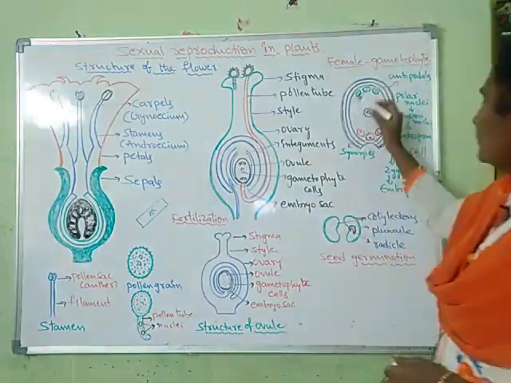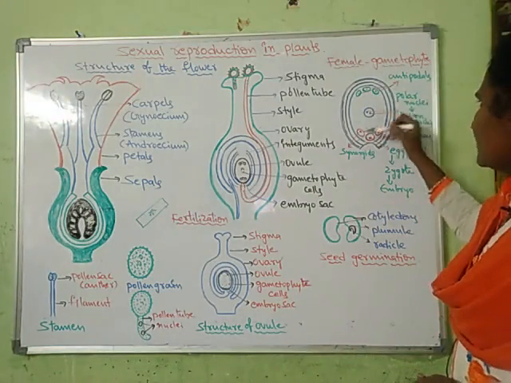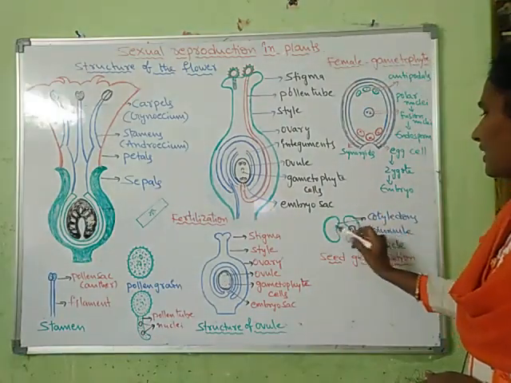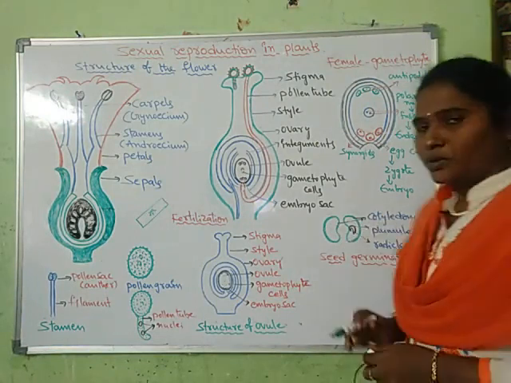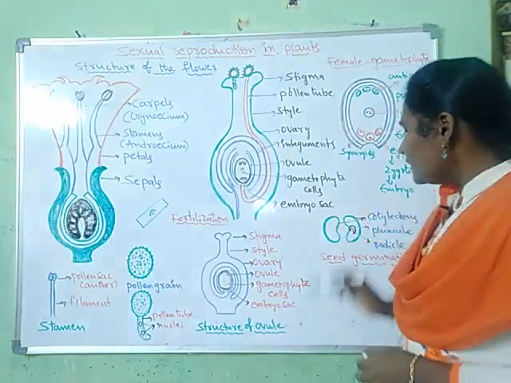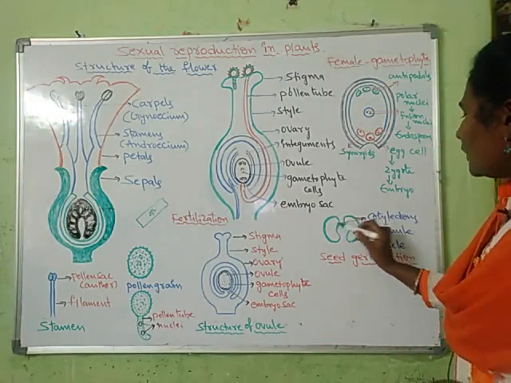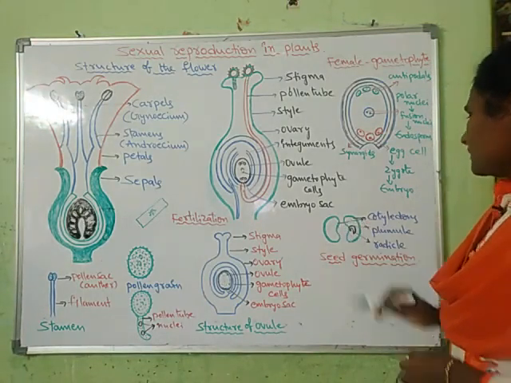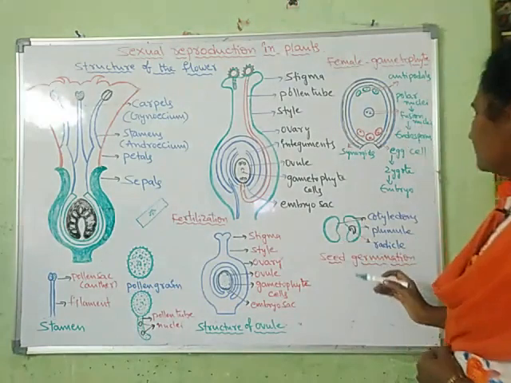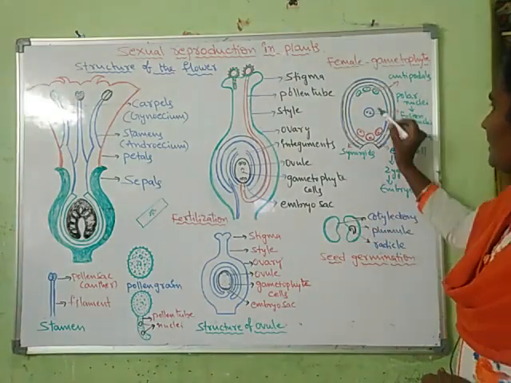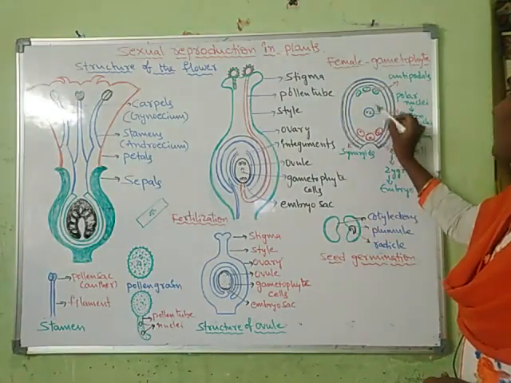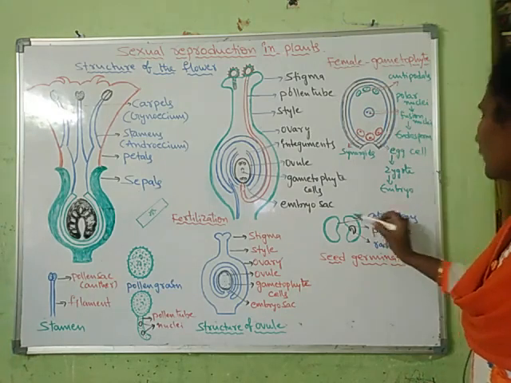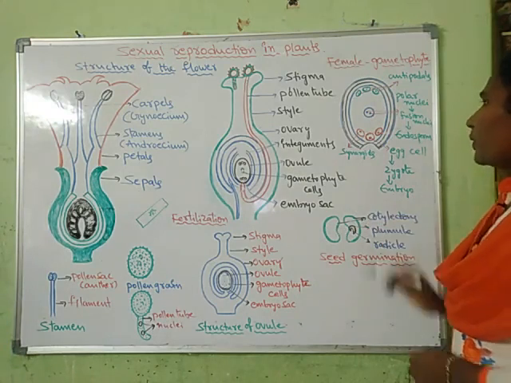This embryo contains 1 or more cotyledons, an epicotyl and a hypocotyl. Here the epicotyl and hypocotyl are the parts of a rod-like axis attached to the cotyledons. The cotyledons digest and absorb the endosperm and make stored food material for the development of the epicotyl and hypocotyl.